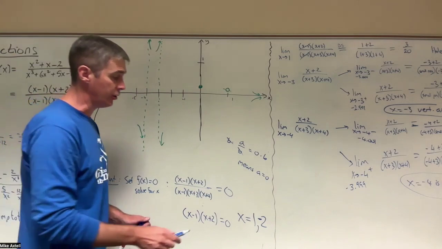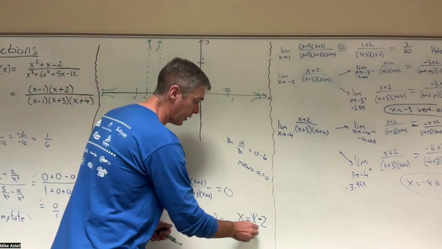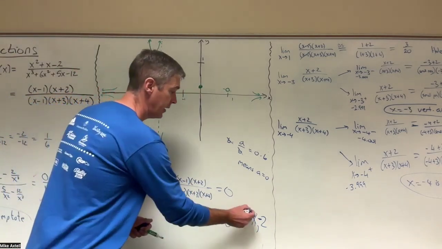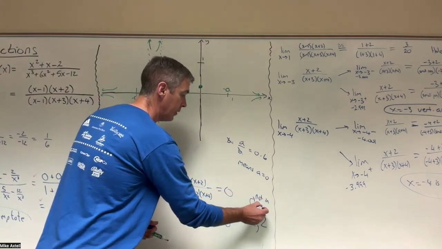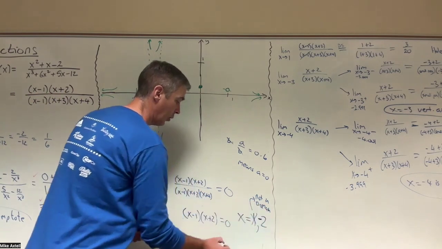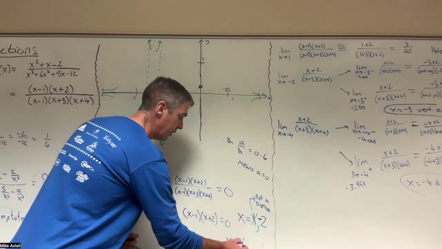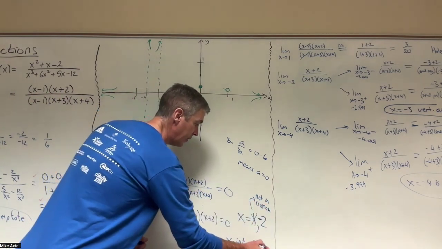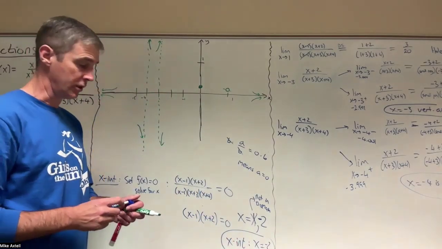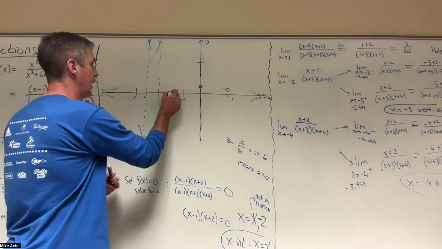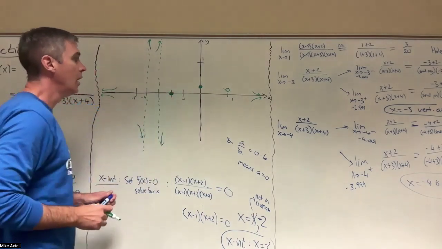All right. So x equals 1 is a false x-intercept, not in domain. So the only x-intercept is x equals -2. All right. So let me plot that point at -2. I am crossing the x-axis.